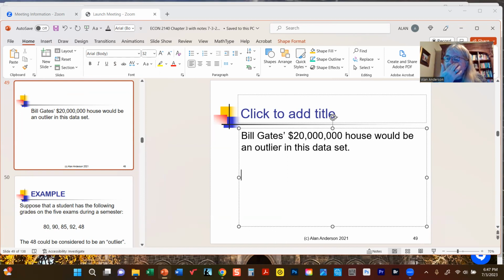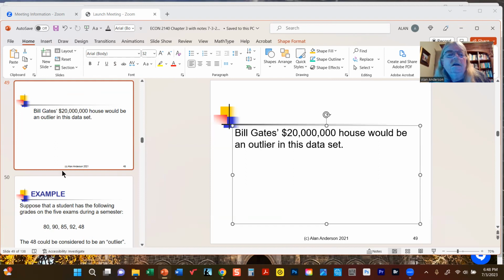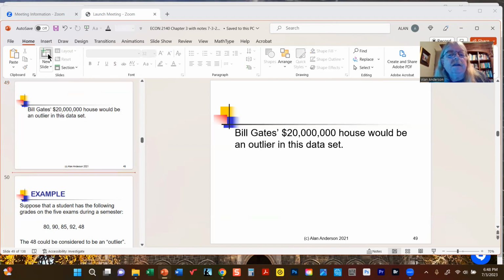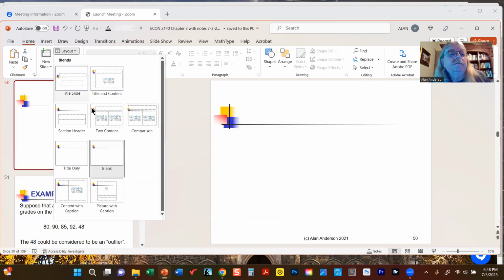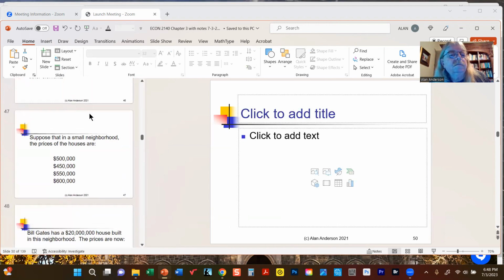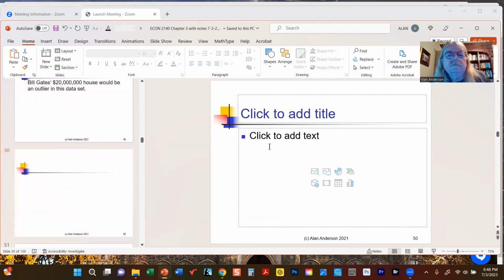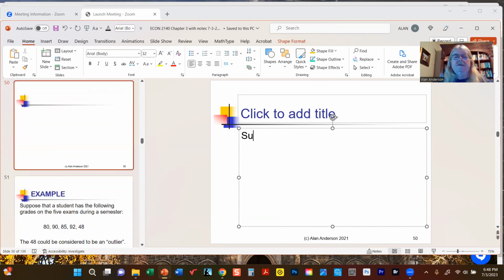Okay, now it can go the other way around too. There can be a very small value as well that could be considered an outlier. Oh, let's say that, oh, okay, how about this?